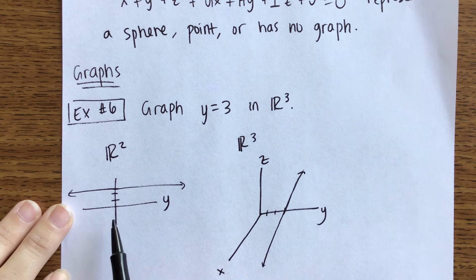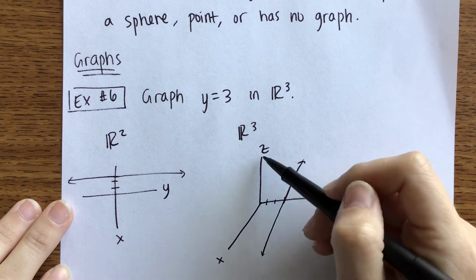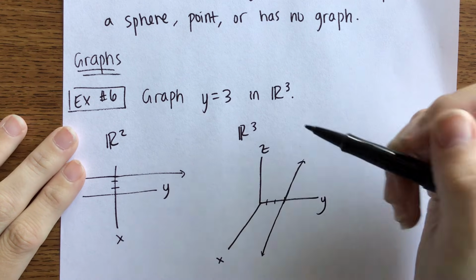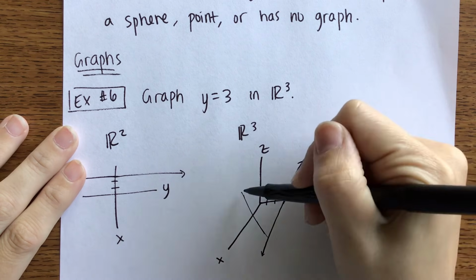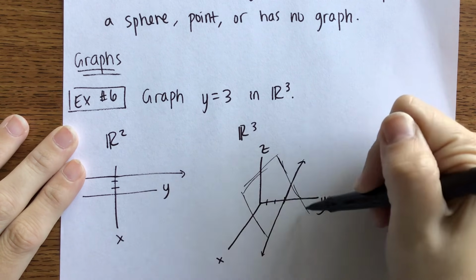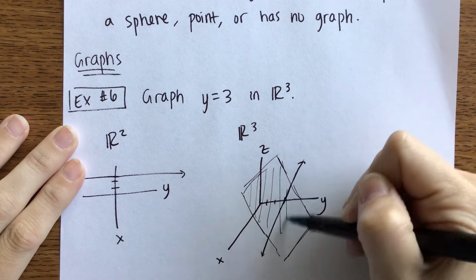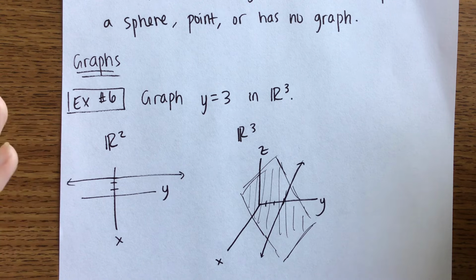Do you guys see how these two are the same? Okay, what happens now when we introduce z? The graph becomes a plane. Yeah, it becomes a plane. So you're going to have to denote that this is a plane. I'm sorry, that's the best I got for this plane. Can you guys picture that? Okay.